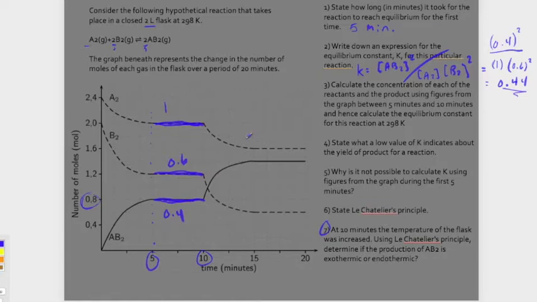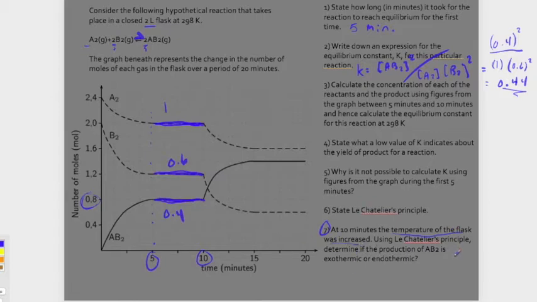So I caused some stress that caused my system to respond by shifting to the right, by making more product and consuming more reactant. My reactants go down, my product goes up. Do you see that? Okay. So it actually tells us what stress there was. It says the temperature of the flask was increased.